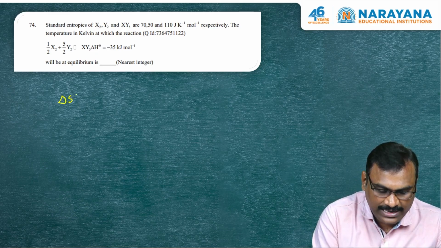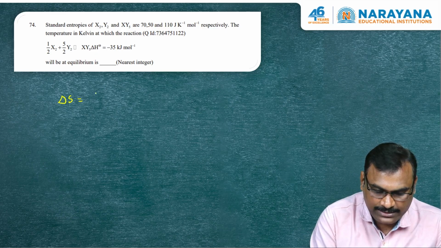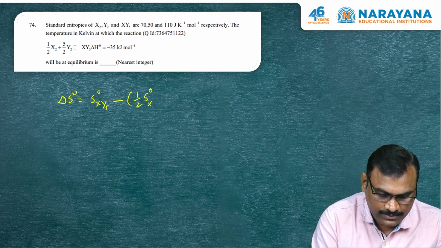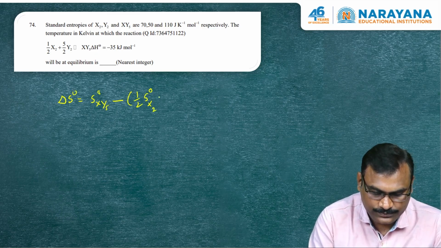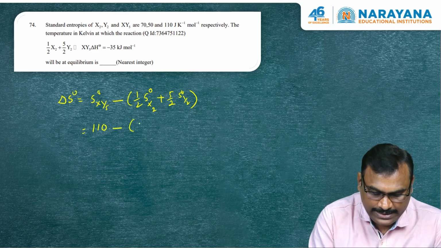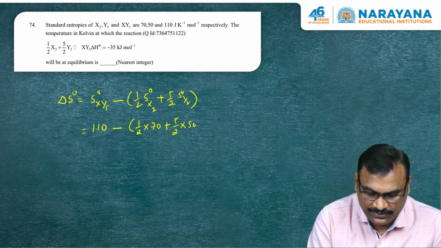The change in entropy of the reaction is equal to the standard entropy of the product, 110, minus half into 70 plus 5 by 2 into 50.